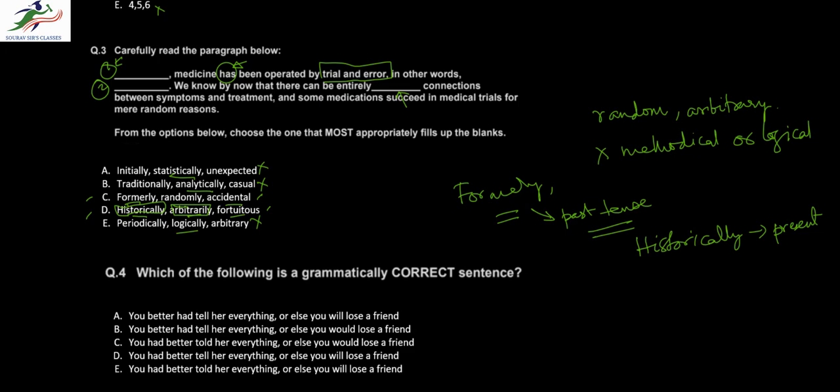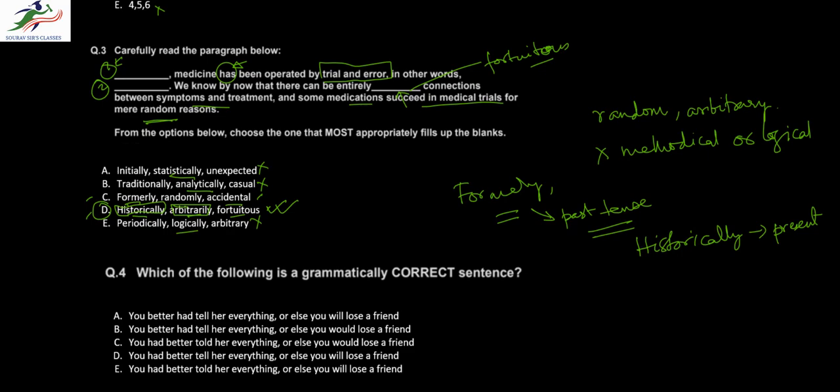So we know by now that there can be an entirely fortuitous connection or accidental connection between the symptoms and the treatment, and some medications succeed in medical trials for mere random reasons. So it is very clearly saying that there is an accidental connection between symptoms and treatment. Sometimes you give a medicine and it just works by luck. So option D is the correct choice because it has all the words which fit.